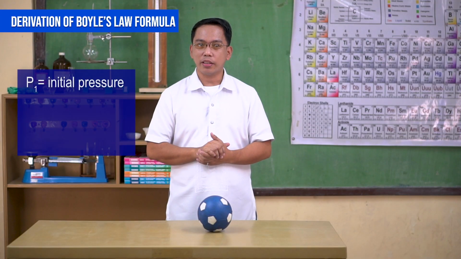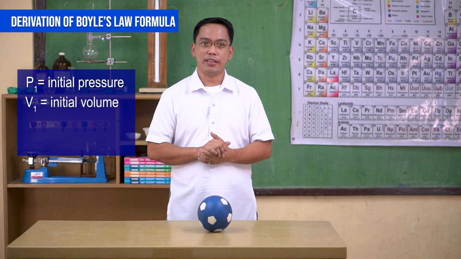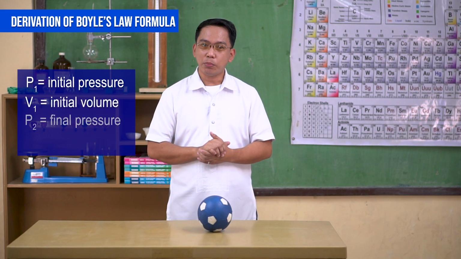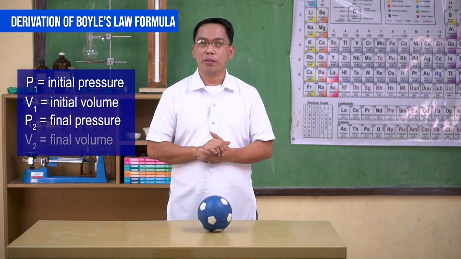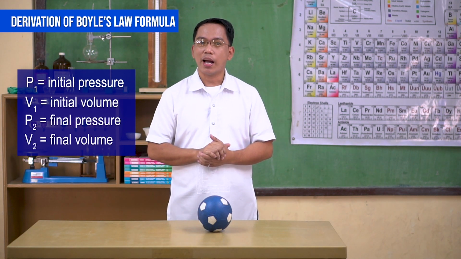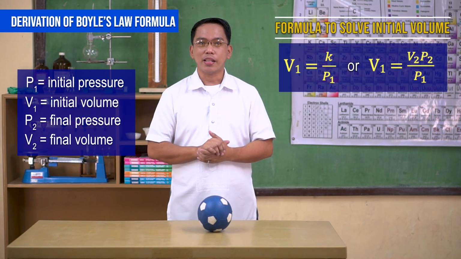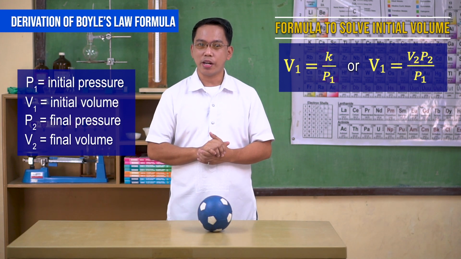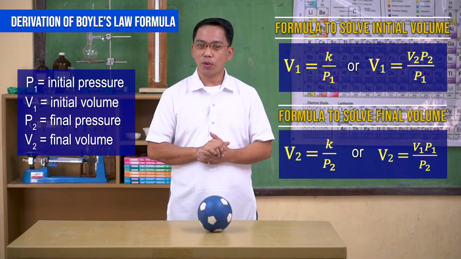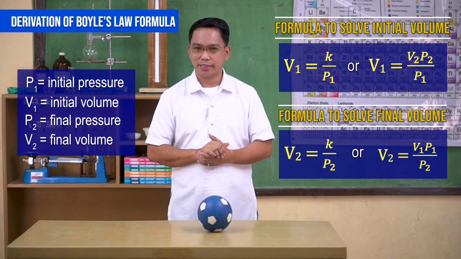If P sub 1 is measured as initial pressure and V sub 1 is measured as initial volume, P sub 2 is the final pressure and V sub 2 is the final volume at a standard atmospheric pressure, then initial volume is equal to constant divided by initial pressure and final volume is equal to constant divided by final pressure.